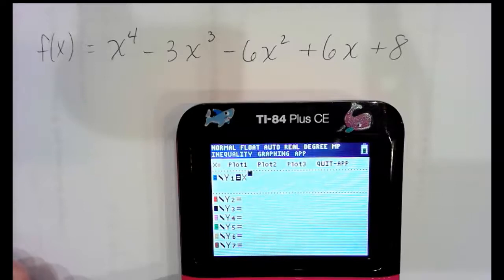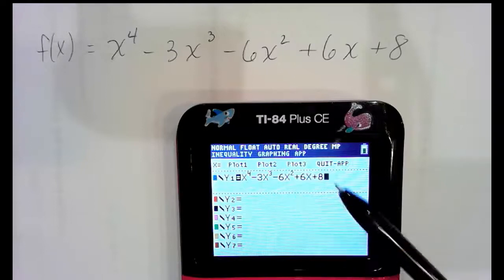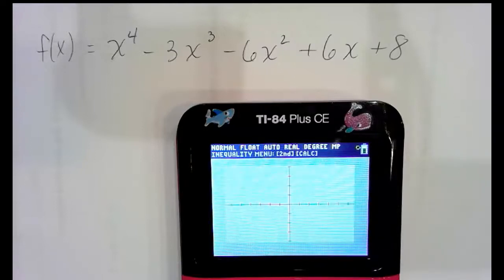So x raised to the fourth minus 3x cubed minus 6x squared plus 6x plus 8. Okay, graph it. We're looking for real zeros.